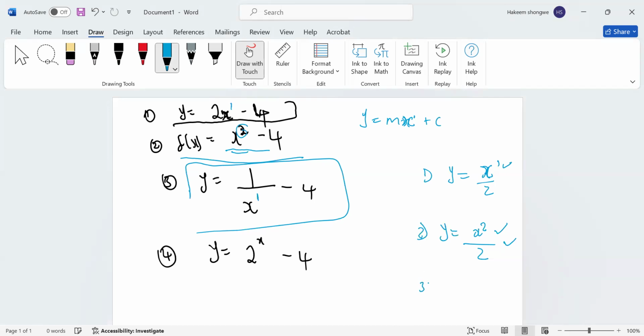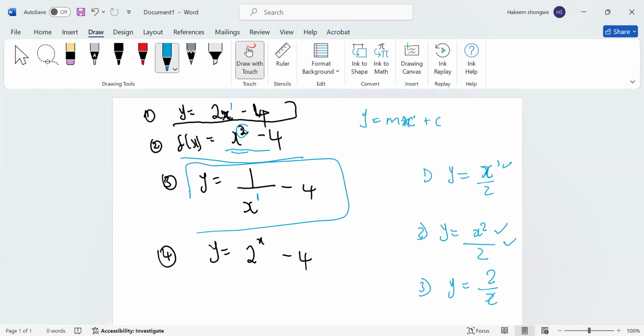So if I give you something that looks like this, y equal to 2 all over x, can this be a straight line? It usually confuses learners. The parabolic function is fine because of the square, but this one in a straight line confuses learners.